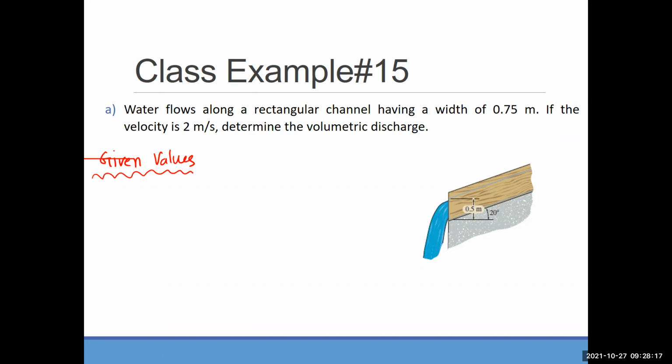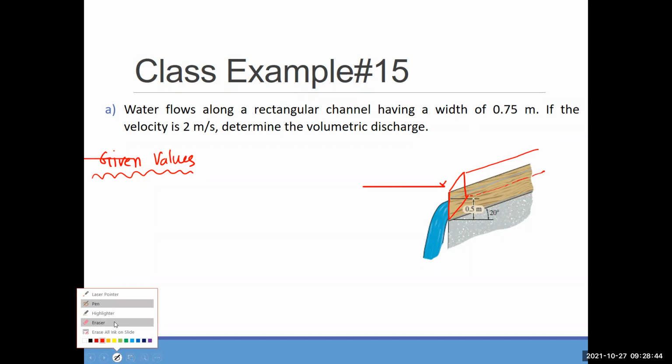So they are saying there is a rectangular channel. That means if I want to draw a 3D of this channel, that is the channel, right? A rectangular one, and the width of this one is 0.75 meter and the height is 0.5 meter, right?